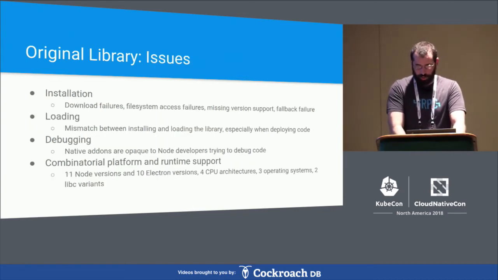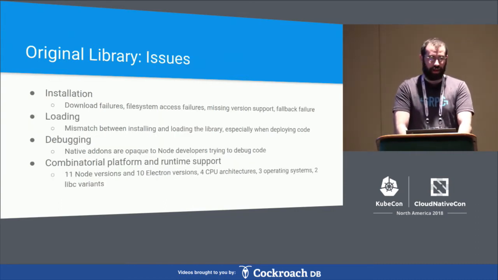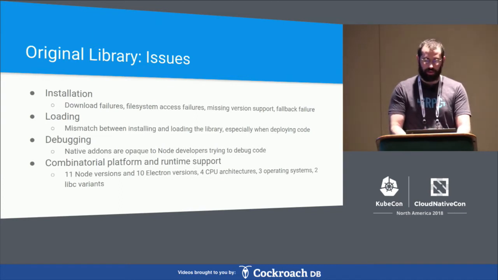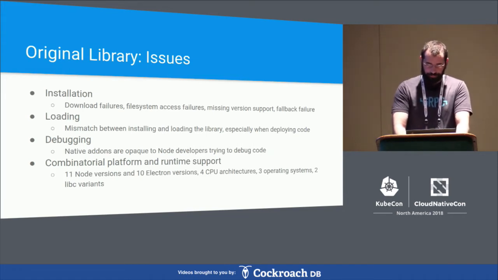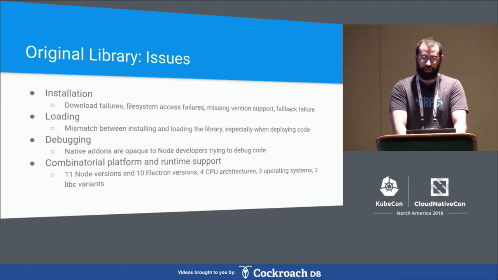So that brings us to issues that we've encountered over time, primarily as a result of the existence of this native add-on and this distribution system. So installation becomes more failure prone.